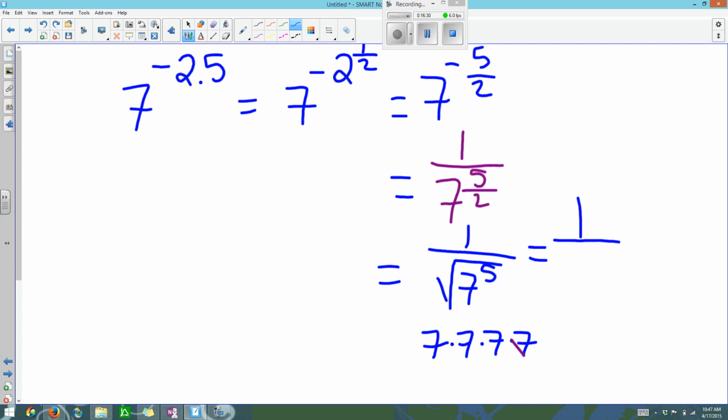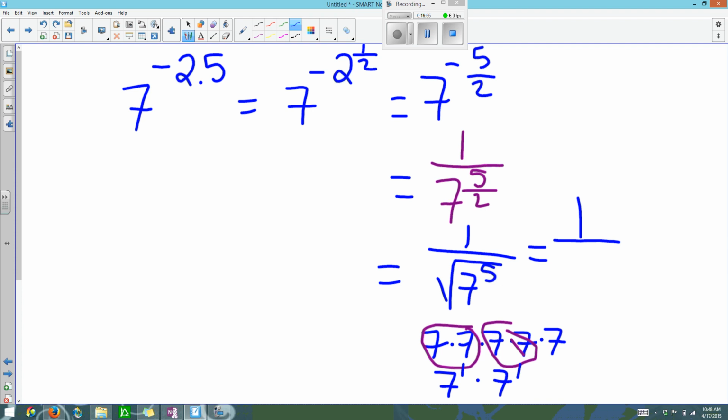So 1, 2, 3, 4, 5. But how many do I need so that I can bring it out of the radical? I need 2. So I'll take this group of 2, and I'll take this group of 2. Okay, this means I'll have 7 to the first power times 7 to the first power. Equals 7 to the second.